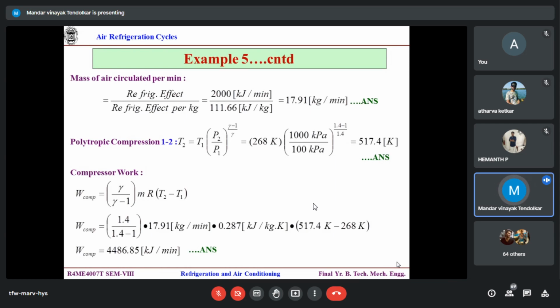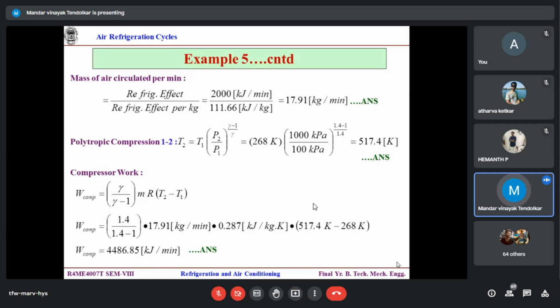M you have calculated. Use Cp, 1.005 or 1.003, whatever it is, and T2 and T1 just now calculated. Are you getting the same answer? Yes, sir. So now the compressor work is done.